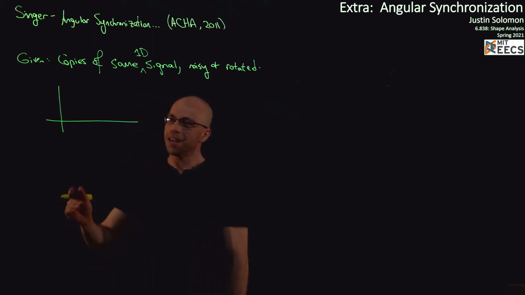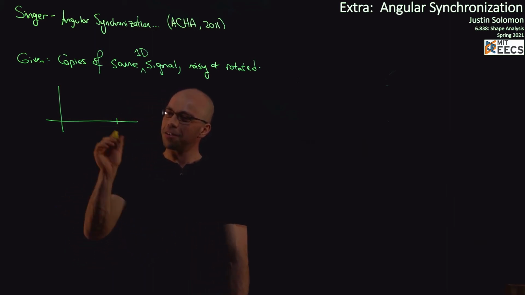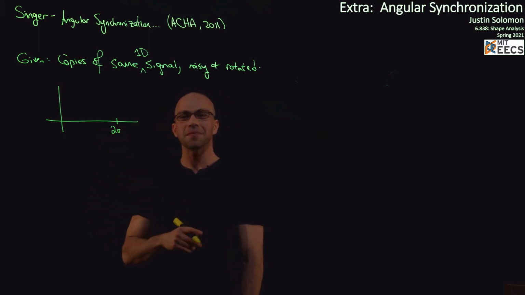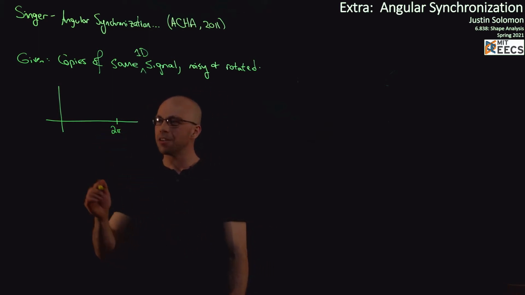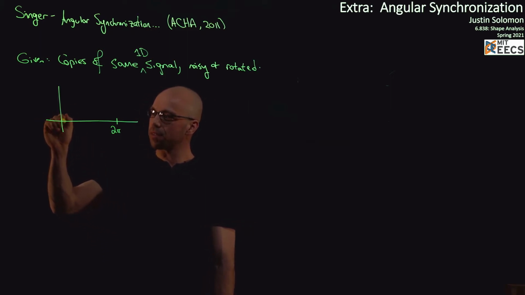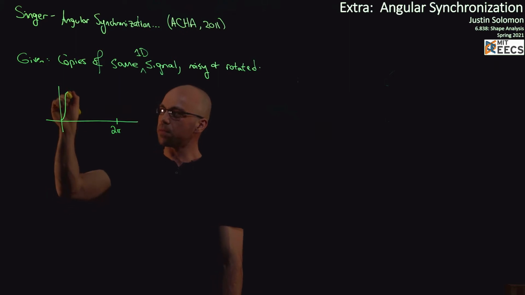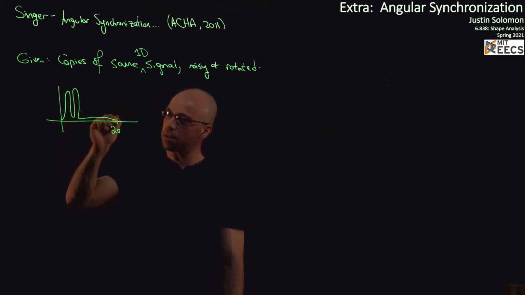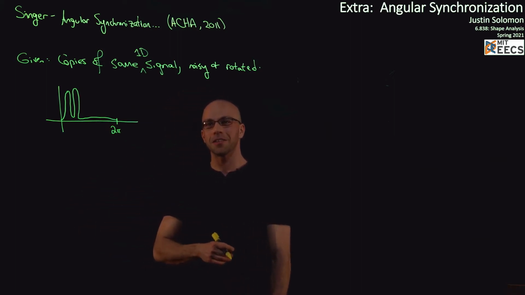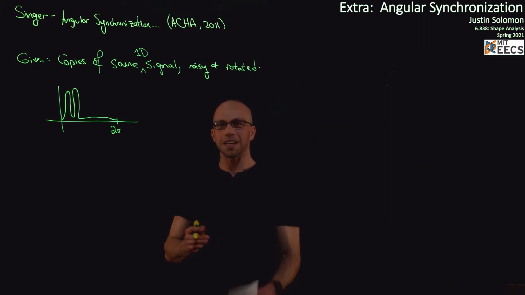So maybe here, rather than using a 24-hour cycle, we're going to use a 2-pi cycle just for convenience. But maybe, every morning I wake up, I get really excited because I woke up, so my activity increases. And then I eat breakfast, so I'm excited again, and then the rest of my day is pretty boring. So that's the signal that comes out of a 24-hour cycle in my smartwatch.